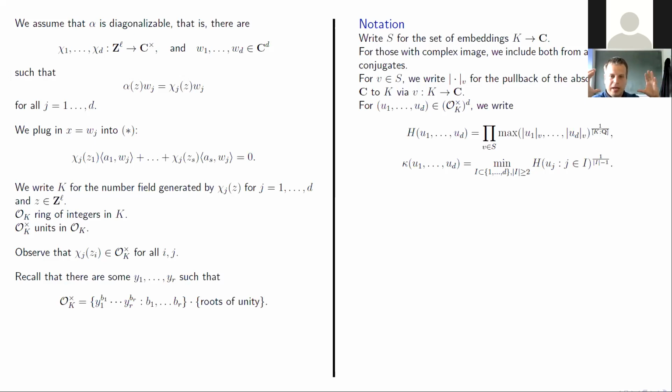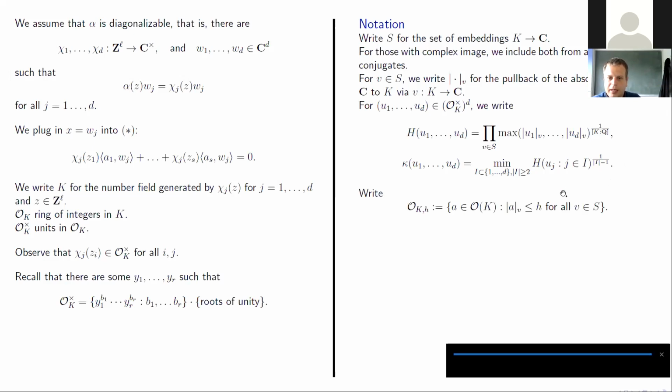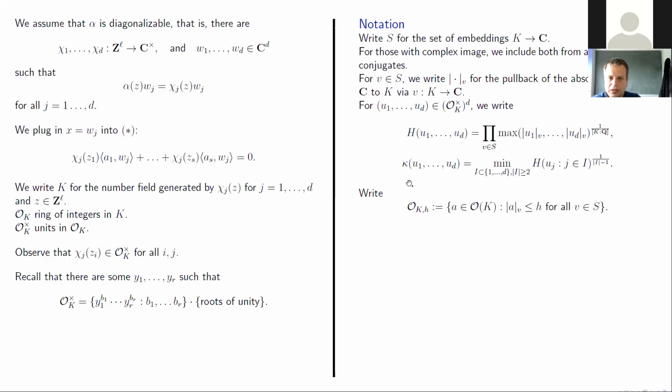And then I look at the height that I get, and I take it to some power, depending on how many indices I got at the end. Okay, and then I also consider this subset O_K,H. The way you should think about this is that this is a box inside the ring of integers of K.